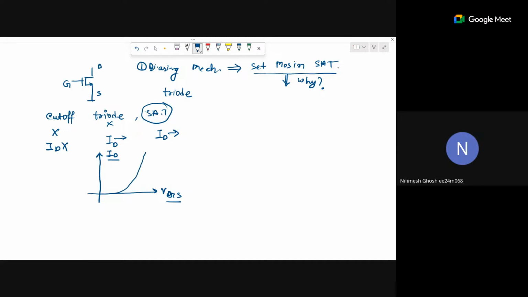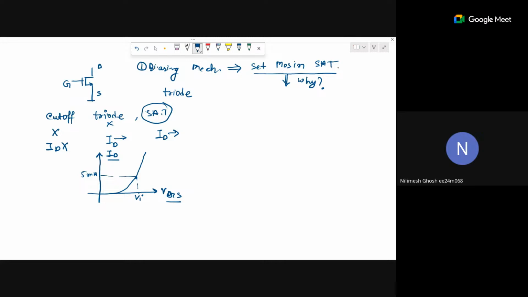Now let's say you set a particular fixed voltage here, bias means you set a voltage. Now if this VI is given, then according to this VI we will get some ID, let's say 5 milliampere. Increase or decrease is not that much valid here.